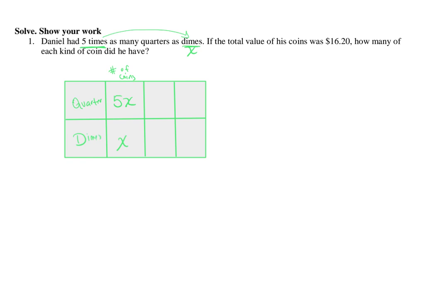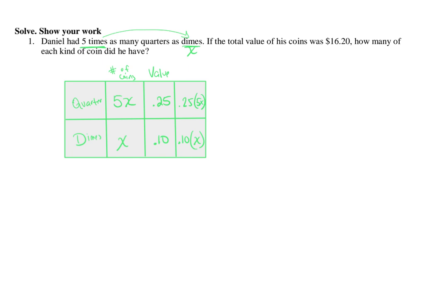Well, what's the value of each of those? Well, the value of a quarter is 25 cents. The value of a dime is 10 cents. So how do I figure out how much I have of each? Well, I just multiply. 0.25 times my 5x will be the quarters, and 0.10 times my dimes will be the dimes.